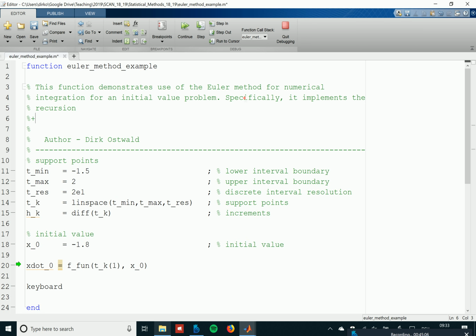Let's write it down. x_{k+1} is x_k plus h_k times f of t_k, x_k.